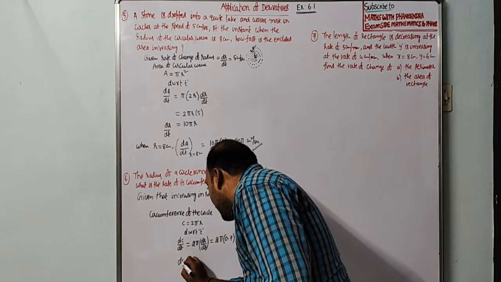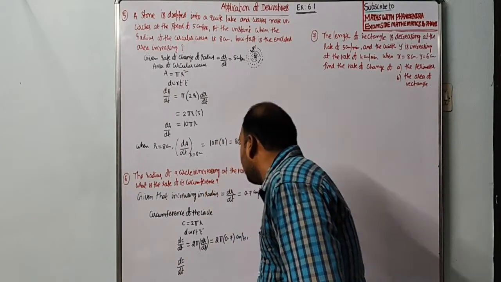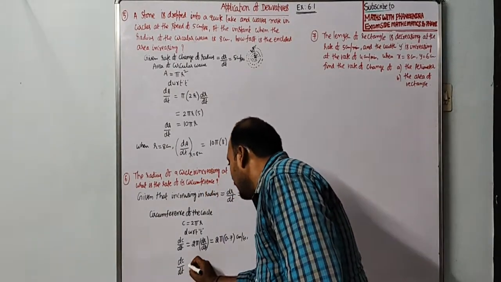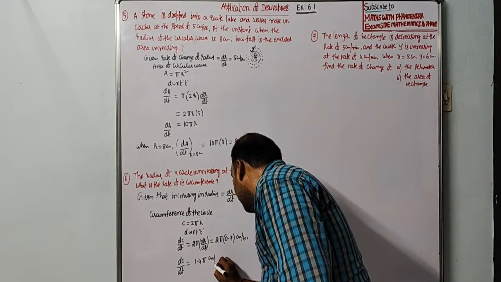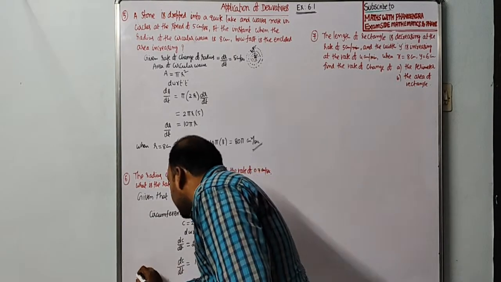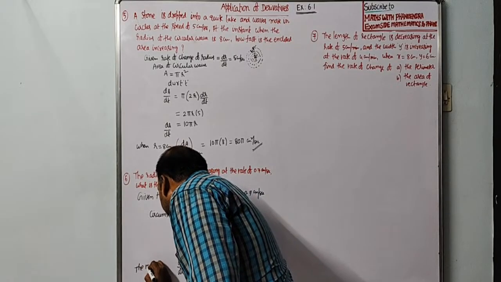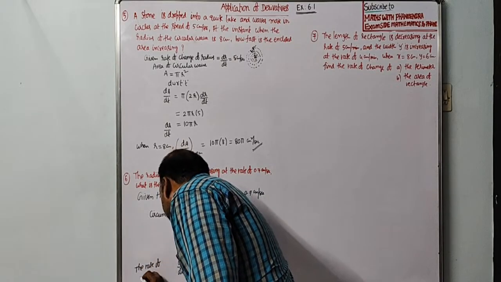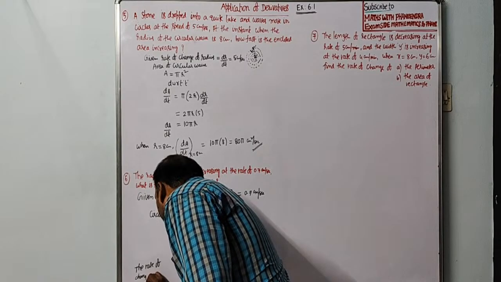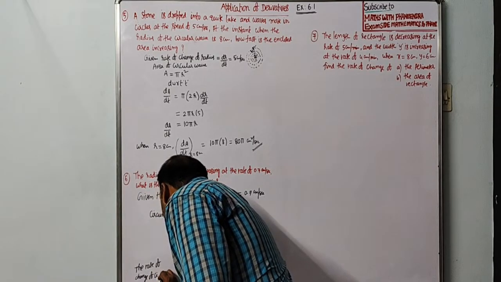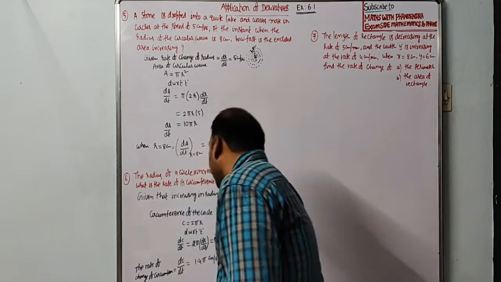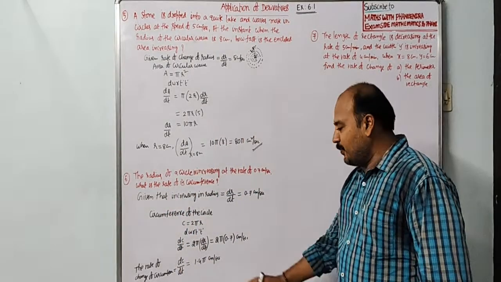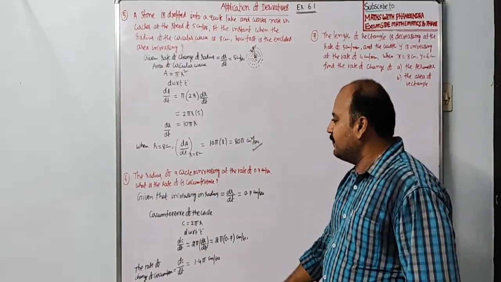Therefore, the rate of change of circumference, dc by dt, is equal to 1.45 centimeter per second.